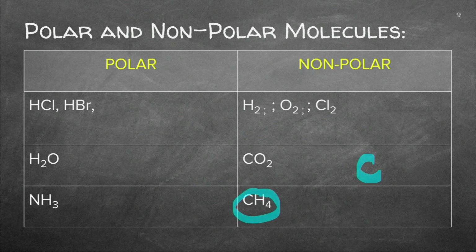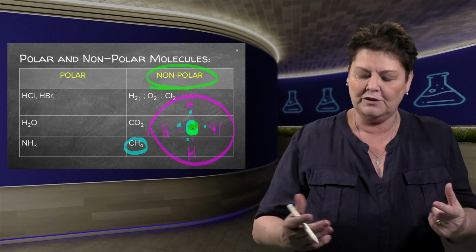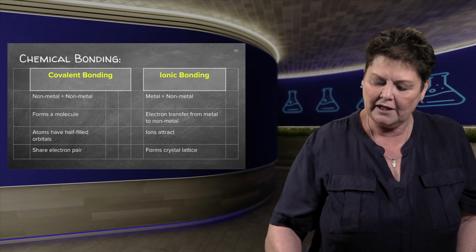We've got carbon, 1, 2, 3, 4, with 4 hydrogens, 1, 2, 3, 4. Can you see I'll have the same charge on the outside with the charge of the carbon on the inside, again non-polar. So it depends on the shape, but firstly you start with the difference in electronegativity.